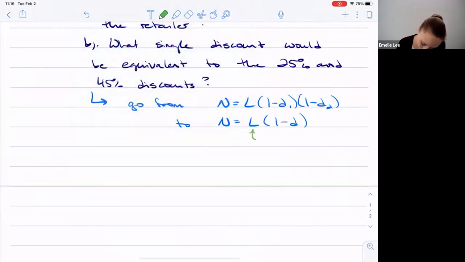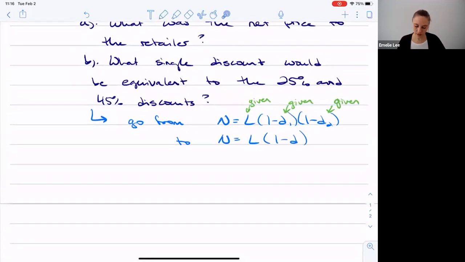So here I'll say that this is given. Let's write it up above here: L is given, D1 is given, D2 is given. In order to move from 2 discounts to 1 discount, I want to solve for this.